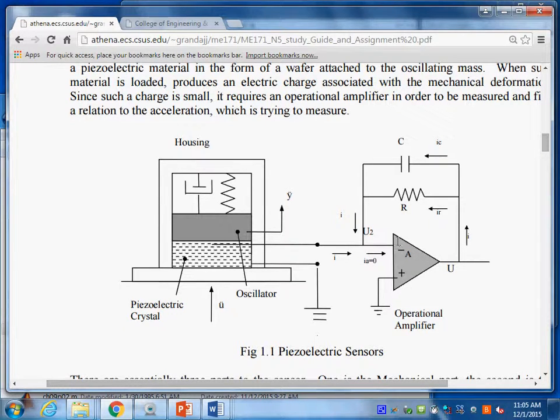And this device that you're seeing here is called an operational amplifier. Operational amplifiers are very interesting devices because they are not passive devices, they are actually powered externally. Their mission is, if you have a voltage in here, it will amplify the voltage in such a way that you can see it here.